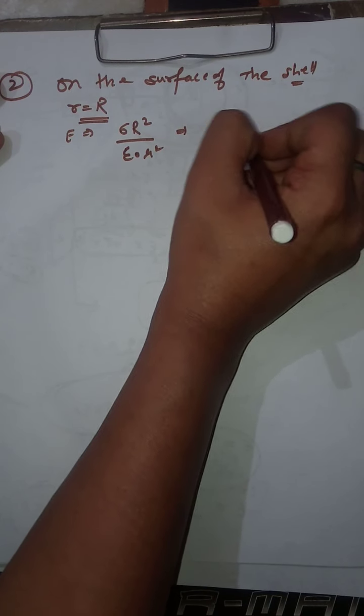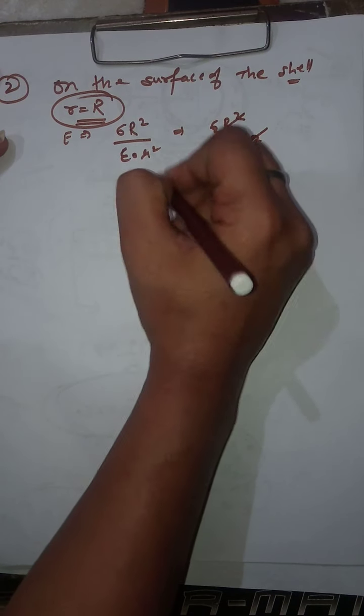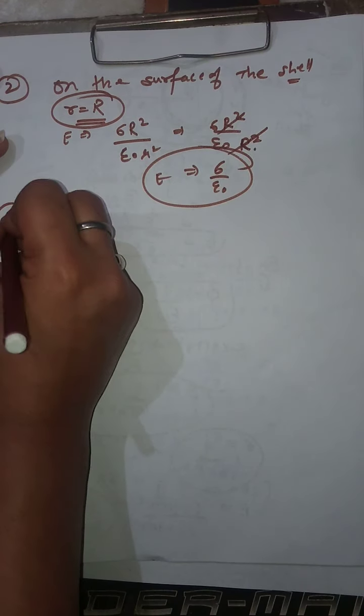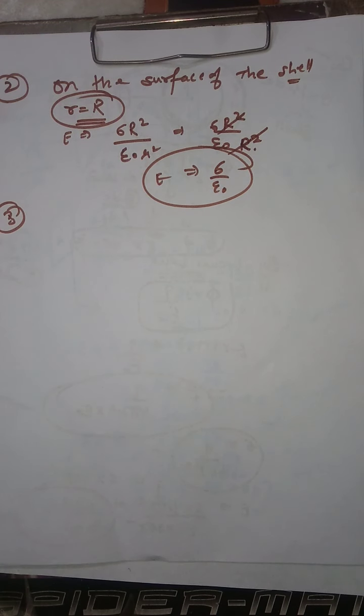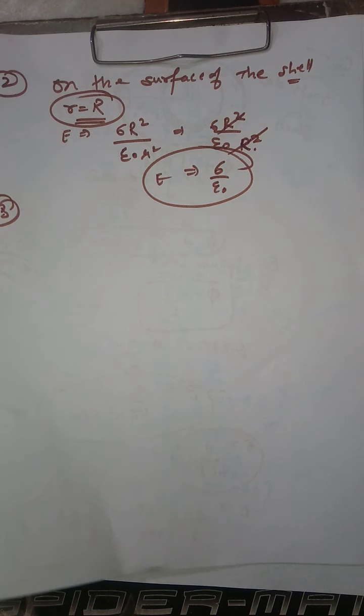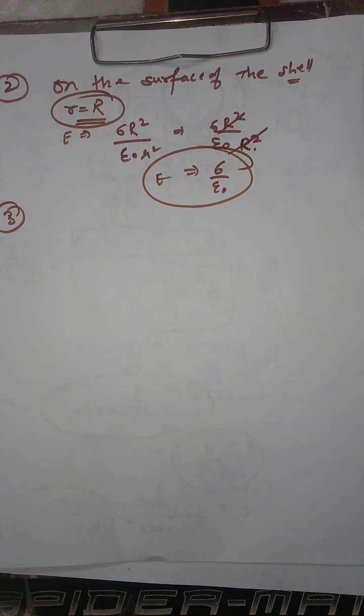Small r can be replaced by capital R and it cancels from the top and bottom terms. So we will get it as sigma by epsilon naught. This is the second case. In the second case, we have to take nothing but r is equal to R, using that in the expression of electric field which we calculated in the first case, outside the sphere.